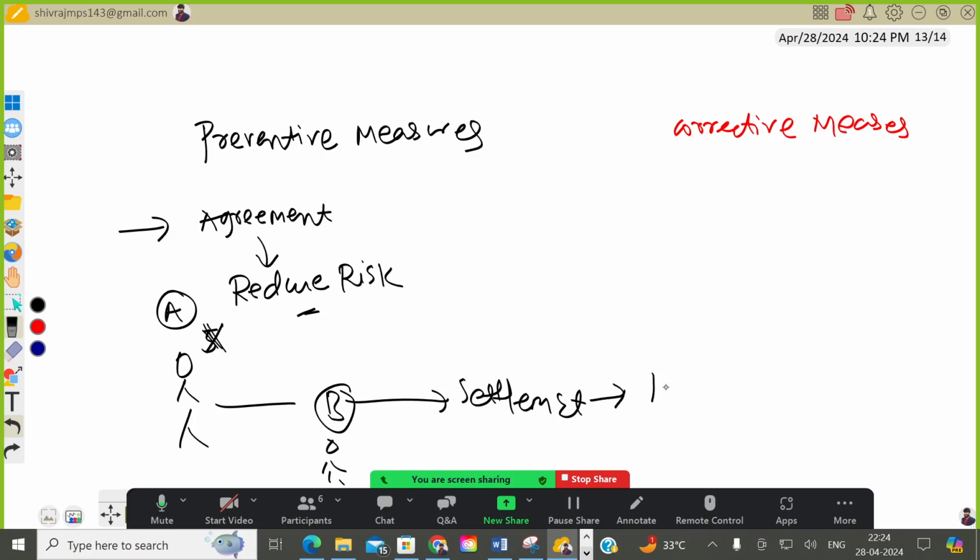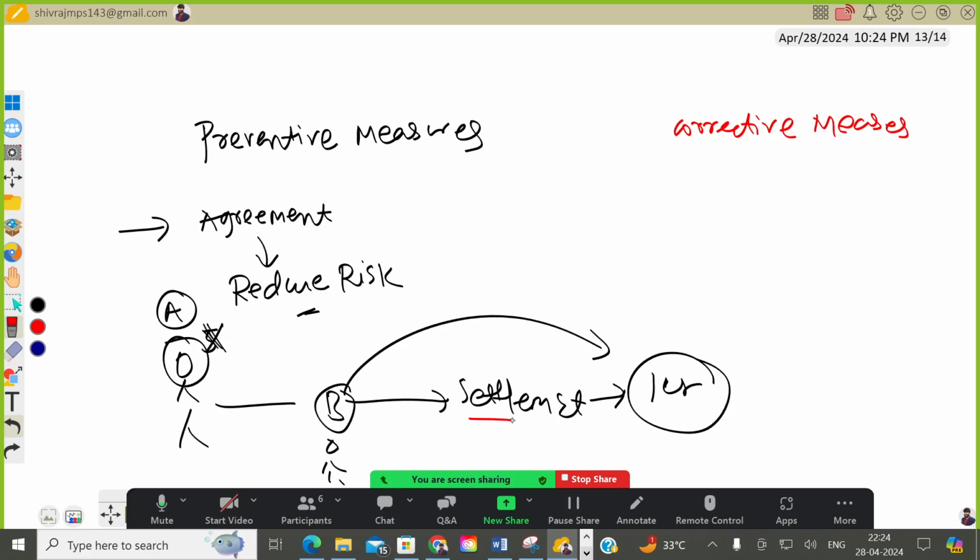It's a liability of 1 crore. So when you try to settle the contract, you get to know there is a liability of 1 crore. Let's say B is the payer of this liability, and A is the receiver of this liability. But at the time of settlement, B is denying to pay 1 crore.